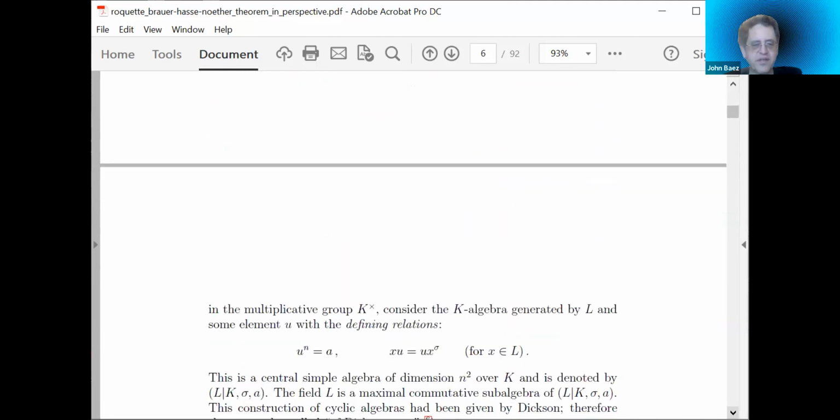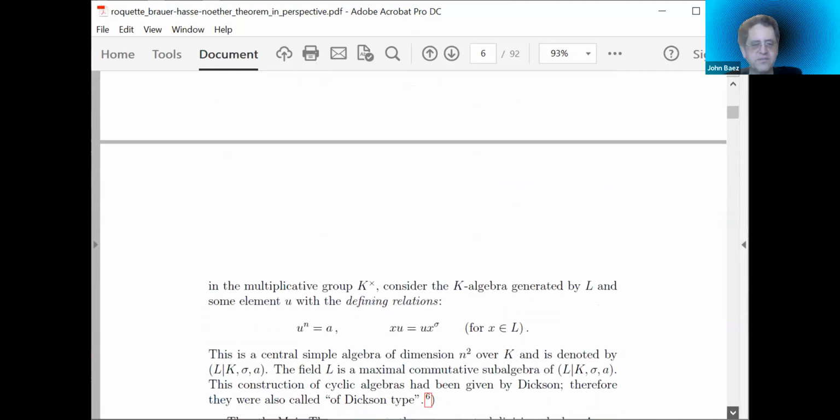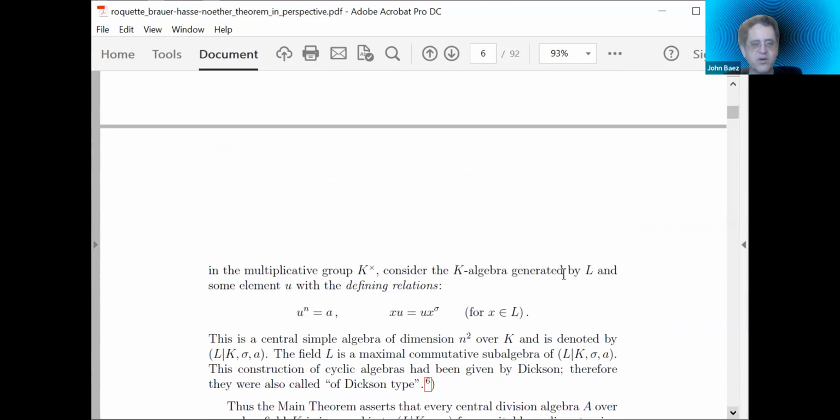So the idea is we're building an algebra over the little field K, and it's going to be generated by the field extension L, and then one extra element, U.